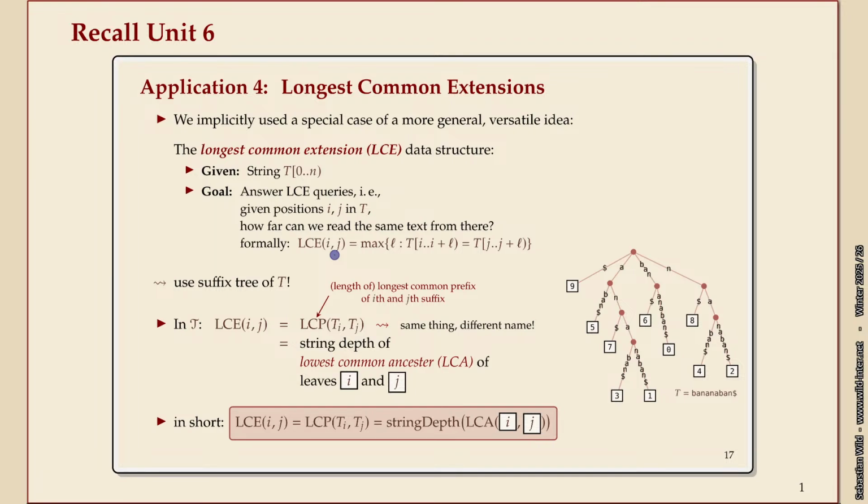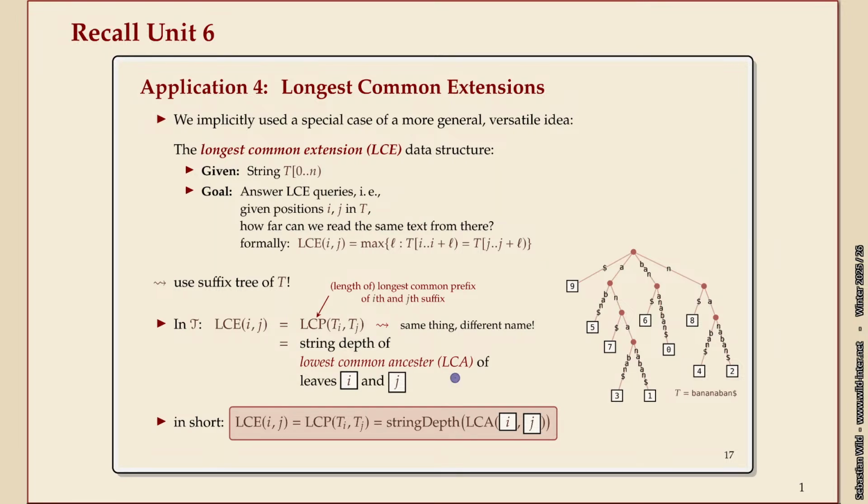Already at the time, we connected it to the suffix tree in the following sense: the longest common extension of two positions in a text is the longest common prefix of two suffixes. So the LCP array seems to be getting towards the answer. But the LCP array only has entries for two adjacent leaves or two adjacent suffixes in sorted order. Whereas here the LCE queries need arbitrary suffixes as input.